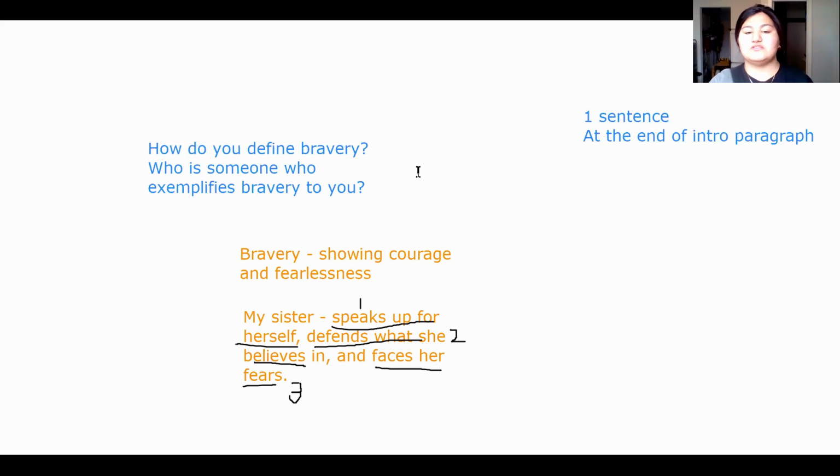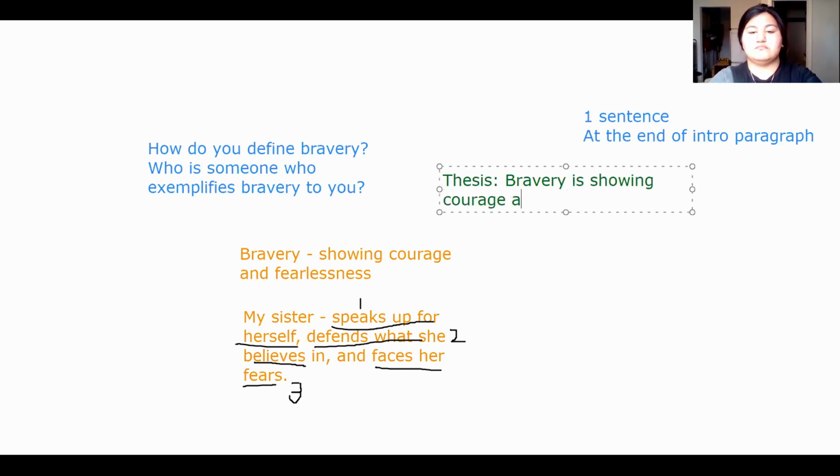So if we want to put it all together, we're going to put it all together in green. Our thesis is going to be: bravery is showing courage and fearlessness.